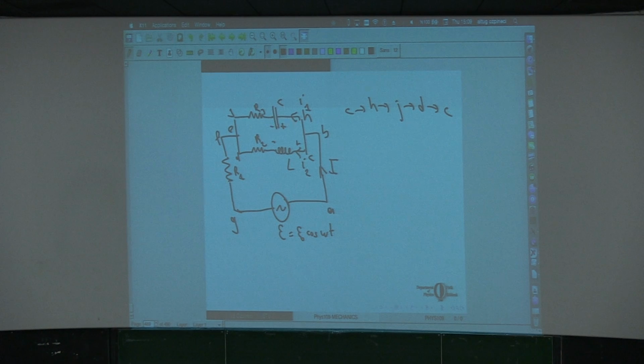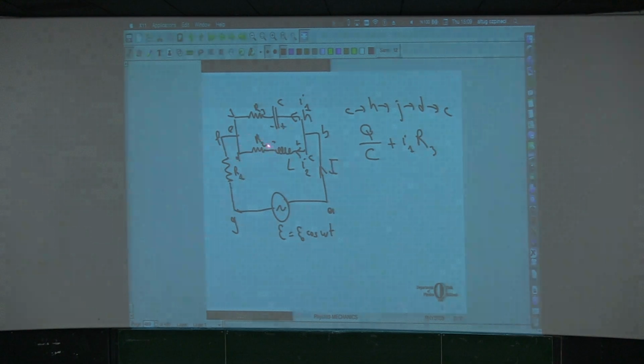How much energy does the positive charge lose? Let's say it loses Q over C. Then from this point across the resistor, it will lose I1 times R3. Now this time I'm not writing the energy gain, but the energy lost, so that's why I have the plus signs in both of them.